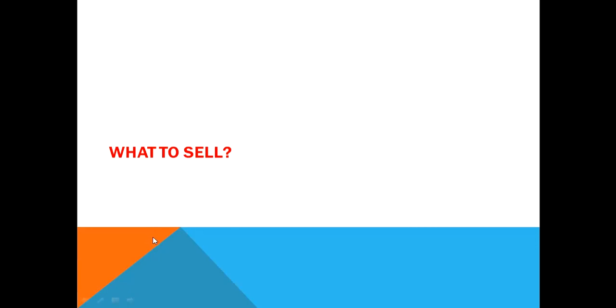Then, what to sell on Amazon? What do you want to sell on Amazon? Remember, what people fail to understand is that they move into Amazon, or into any business, without knowing the strengths of that particular business. In a business, you have to keep two things in mind.